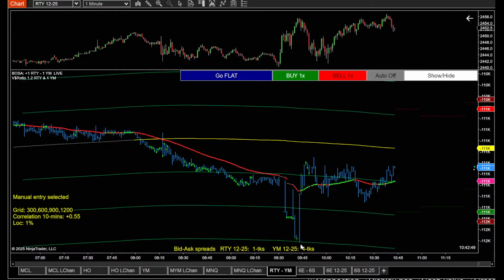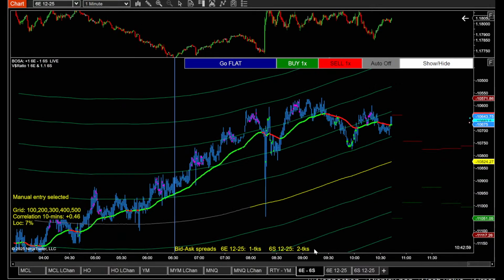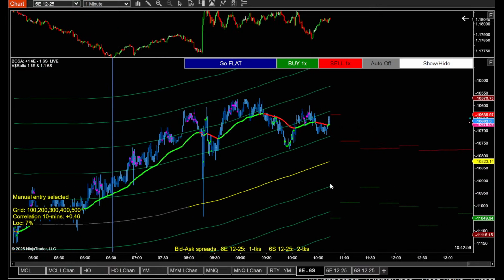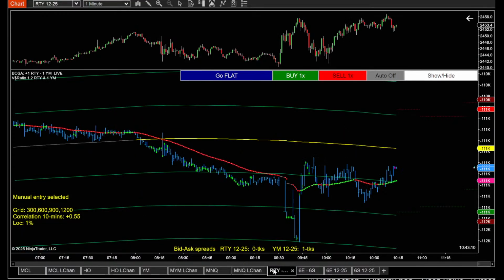Again, we're looking for a move away from the moving average and then a push back to this. So where the red dots and the green dots start printing, that's where we want to take a strong look at that. I want to look for a good push away from the moving average and a retracement back to it. Right now, we're kind of in no man's land, not too excited about it.